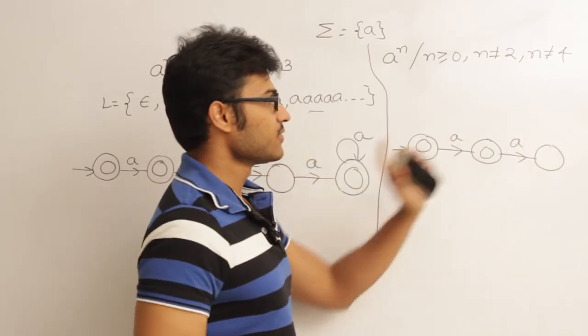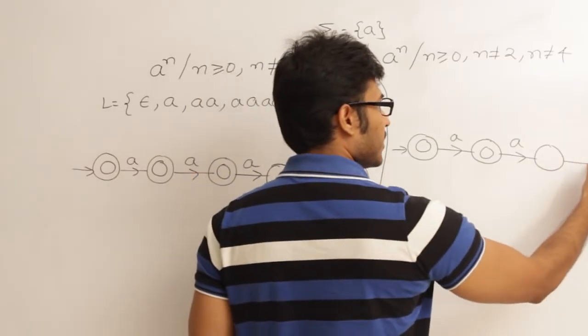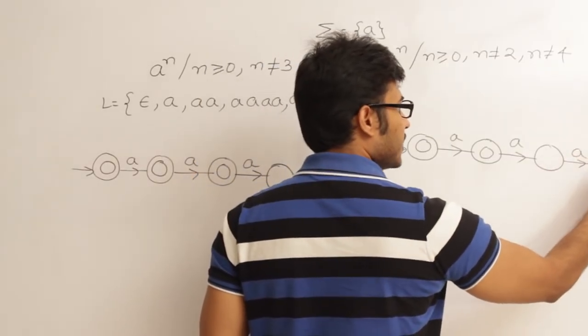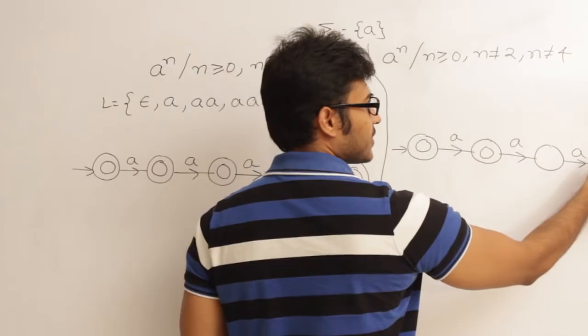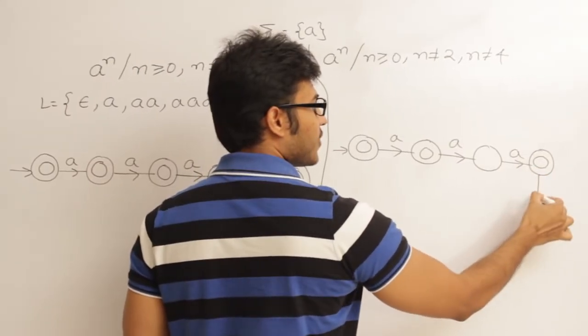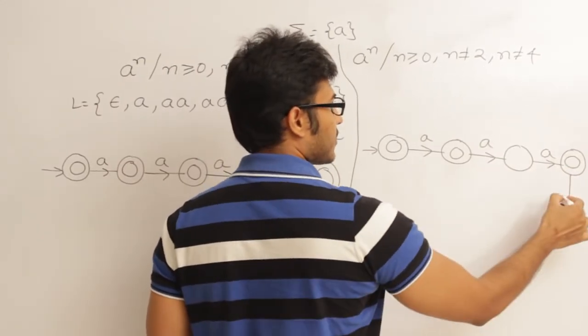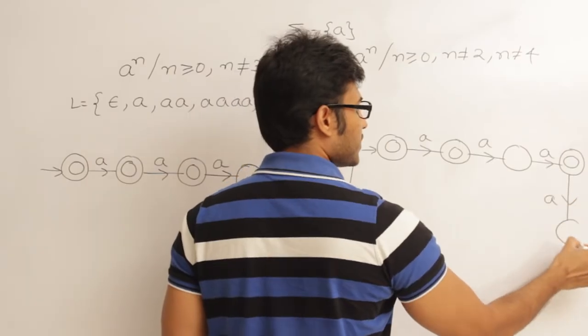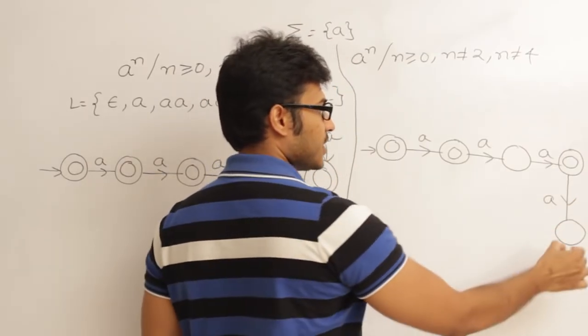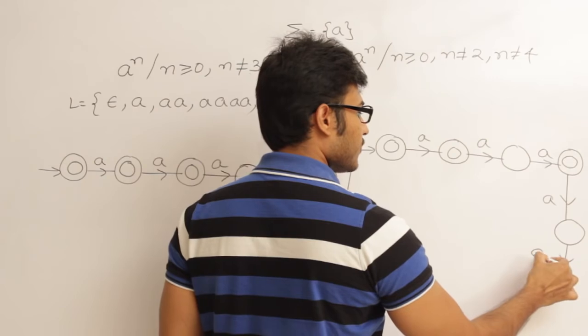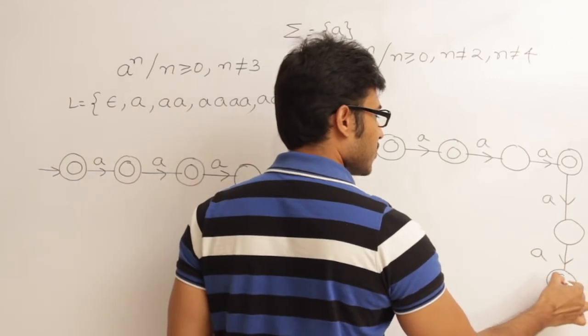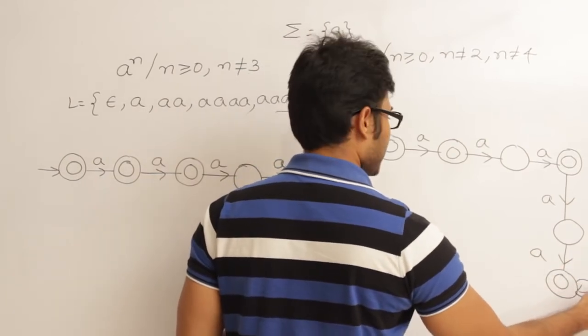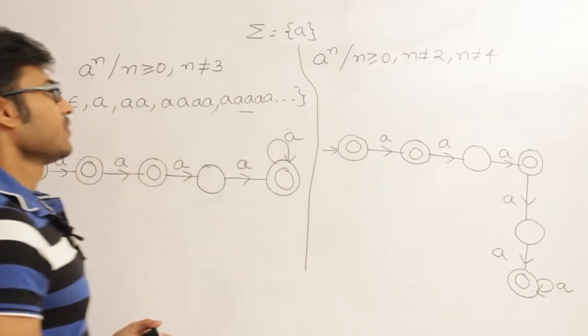That is why this one is a non-accepting state, and you have to accept 3 A's. That is why this is an accepting state, and you should not accept 4 A's. That is why it is a non-accepting state, and then anything after it, which is 5 A's or more, I have to accept. So try to understand this.